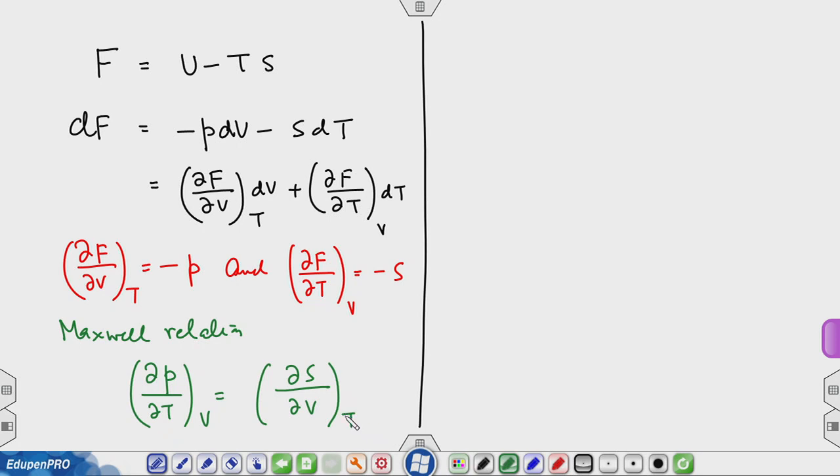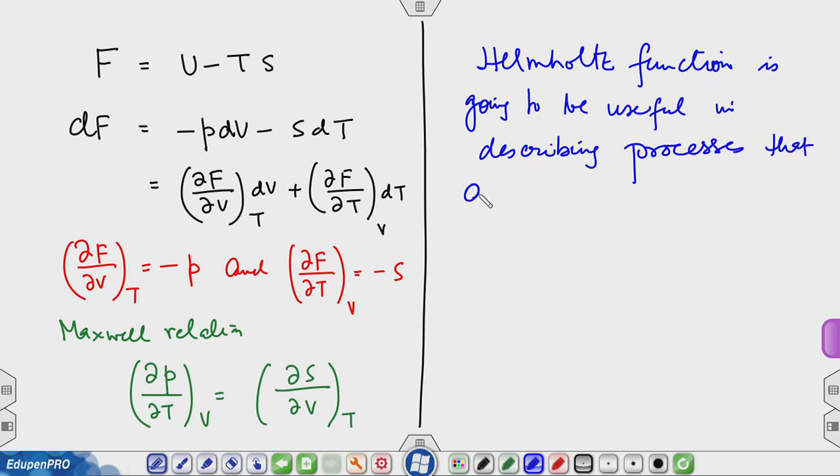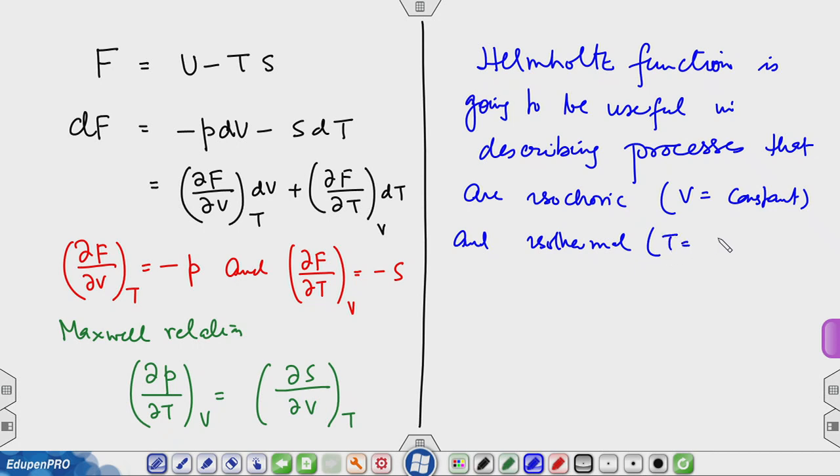So, you can see from these equations that the Helmholtz function is going to be useful in describing processes that are isochoric, that is V equals constant, and isothermal, that is T equals constant.